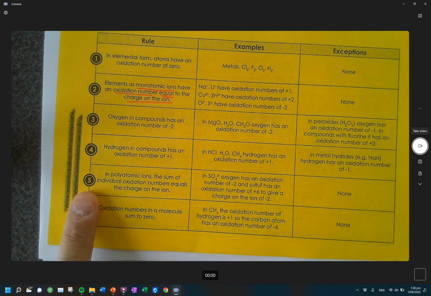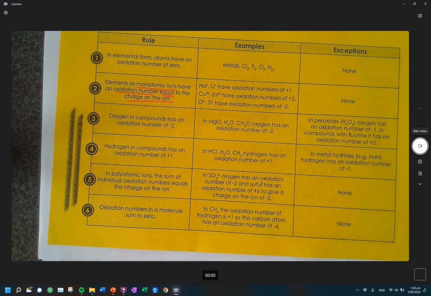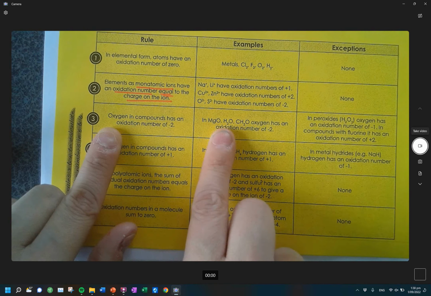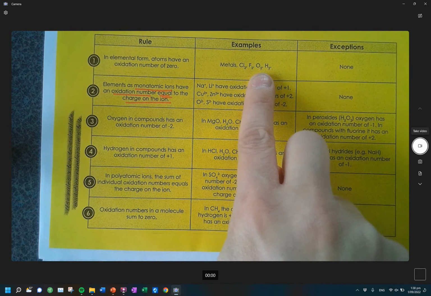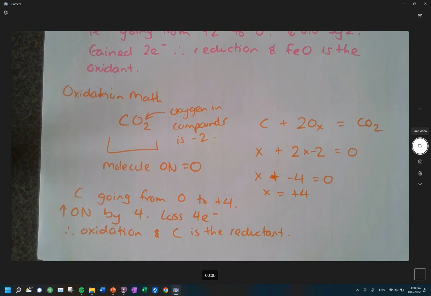If you have a polyatomic ion, such as sulfate, you then set it equal to the charge of the ion. So instead of setting it equal to 0, you set it equal to -2, because that's the charge of that ion. The other thing to keep in mind is that you're going to have to use multiple rules. So if I have oxygen in a compound, it's -2. But if I have oxygen in the element form, it's then 0. Best thing to do is to practice them. All right?